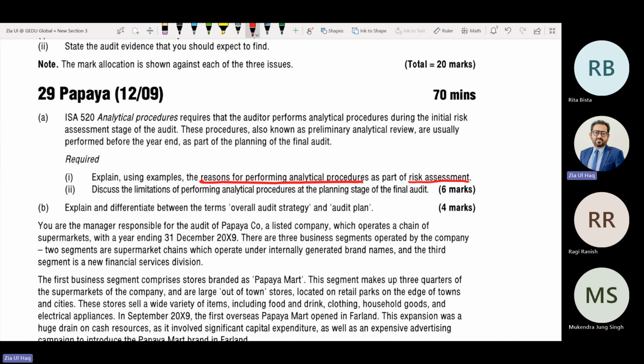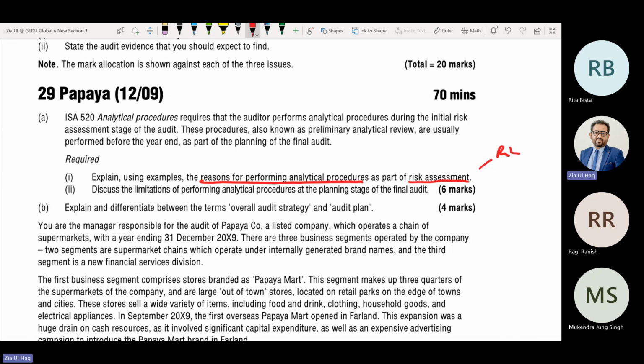So we perform analytical procedure to identify or to highlight risky areas at the planning stage, like while comparing current year sale with the previous year. If it is increased by more than 10%, that is what unexpected fluctuations. And if there is no justification for this change, this means this sale is a high risk area. So the first reason we can say is to highlight risky areas.